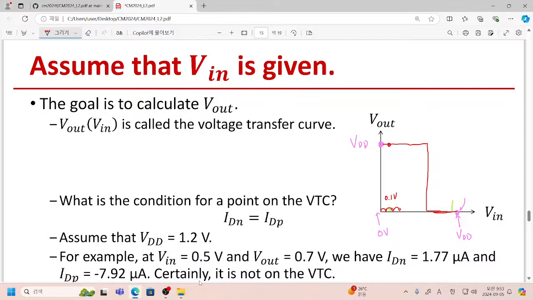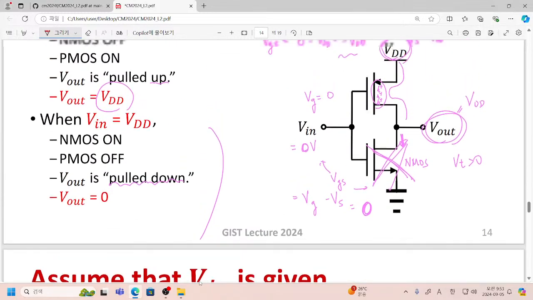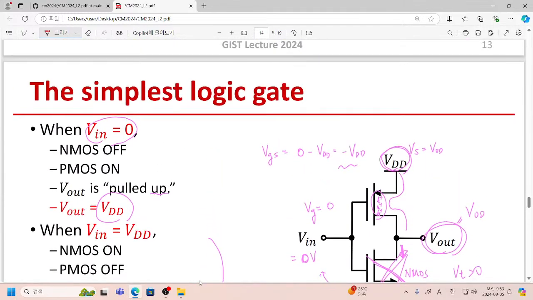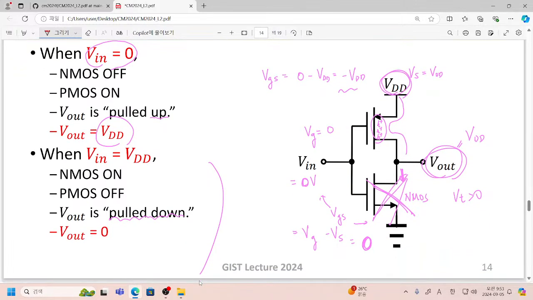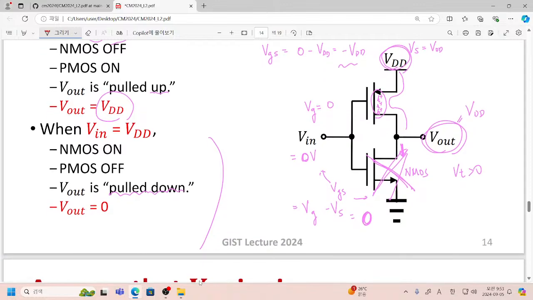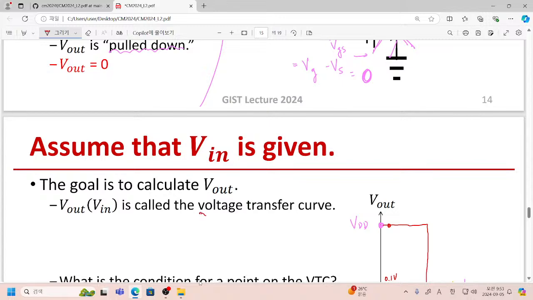But how about the actual implementation of our CMOS inverter? Your task is to draw this output and input voltage relationship. That is typically called the voltage transfer curve, VTC, and your homework problem is to draw this voltage transfer curve.